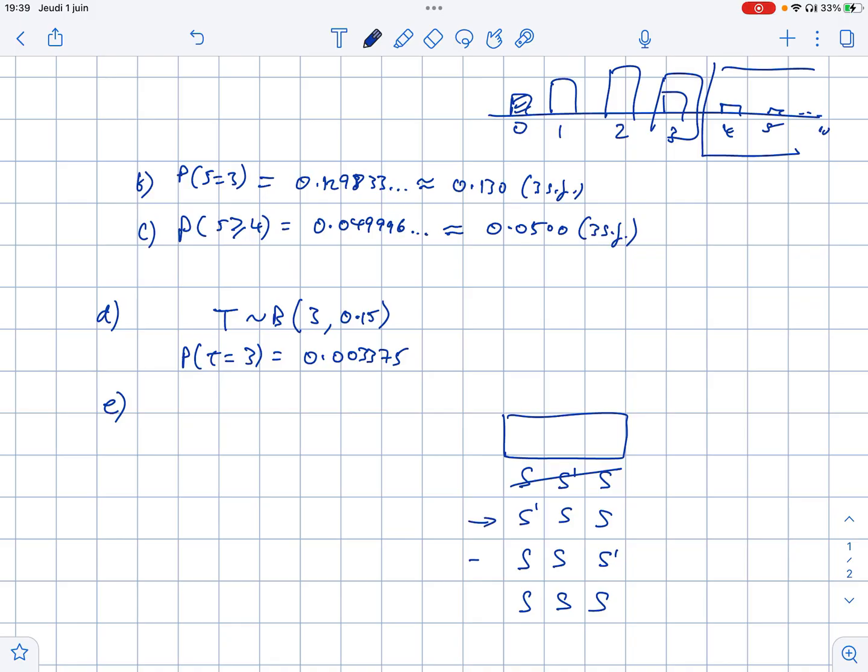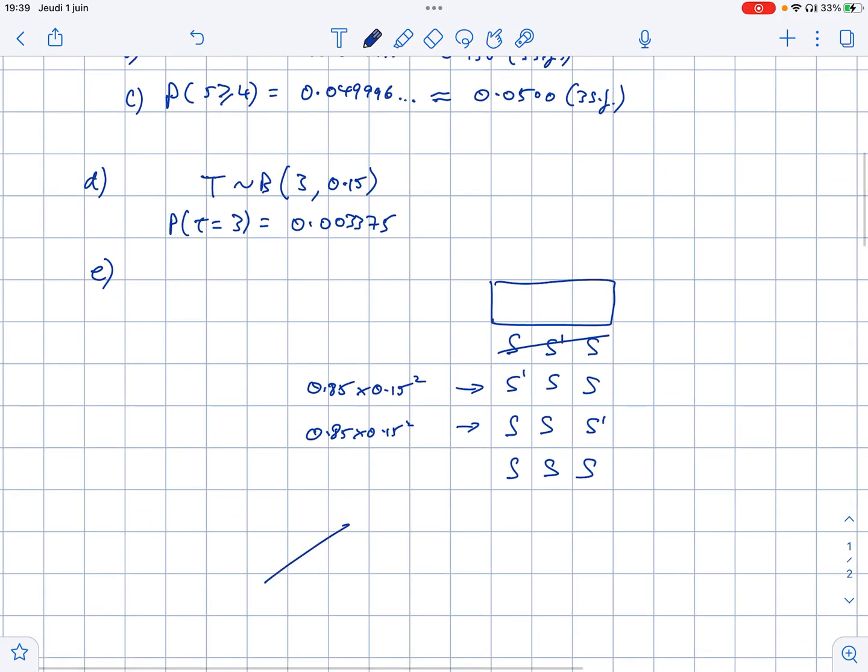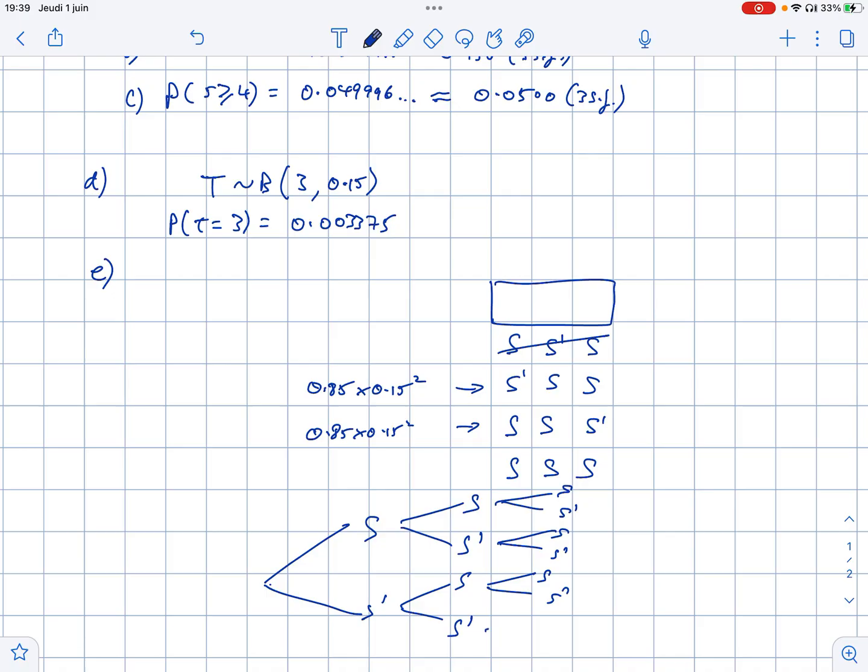So this one and this one have the same probability. It's a non-strike, 0.85, multiplied by 0.15 and another 0.15. And so is this. If we think about it in a probability tree, we could go strike, not strike, and we're effectively looking at strike, strike, no strike, and not strike, strike, strike, and I can't do strike, not strike, strike.